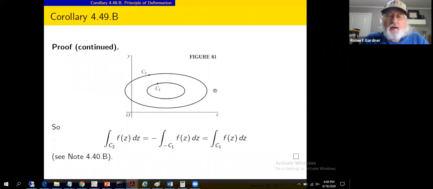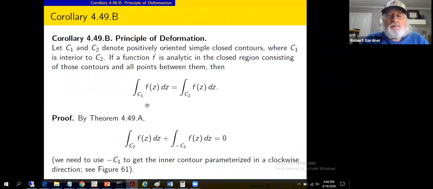All right, back to the statement in the previous slide. Theorem 4.49.a tells us if we integrate around c sub 2 of f of z dz plus the integral around negative c sub 1 of f of z dz, we'll get 0. So here's where we got that outer positively oriented, counterclockwise oriented contour c sub 2.